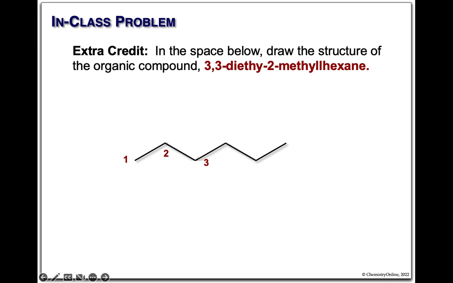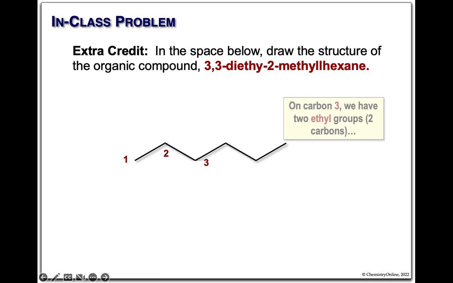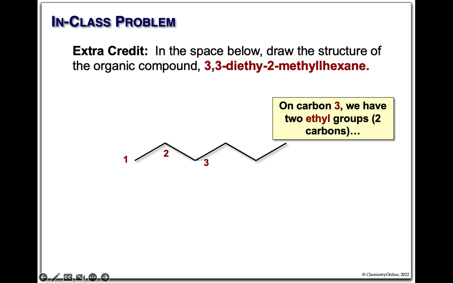So carbon 3, we have two carbon chains. We show those simply as going up and over, down and over. Doesn't matter how you draw the overs, because remember, they're changing constantly.